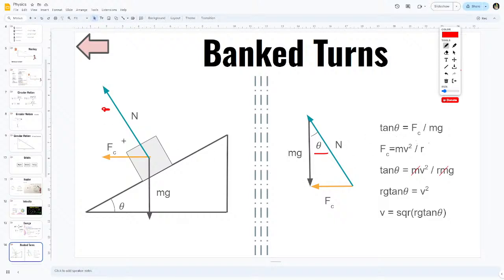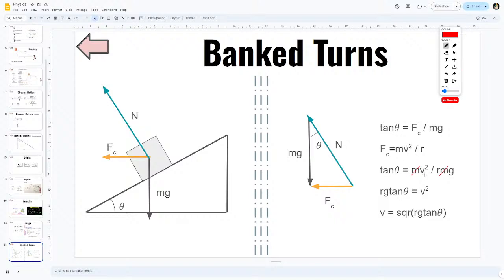So tan theta equals FC on mg, like pretend mg is coming down this way. Then FC, we know FC equals mv squared on r.